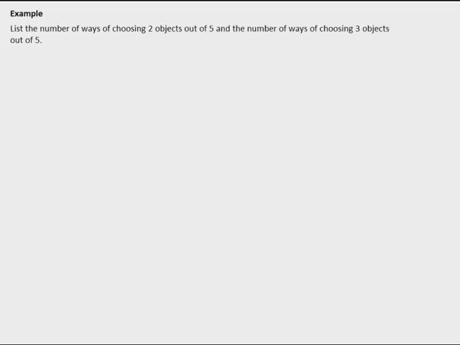So let's go back to that example. List the number of ways of choosing 2 objects out of 5 and the number of ways of choosing 3 objects out of 5. So I choose A and B, and corresponding to that, I choose C, D, E. So this is the 2 objects and this is the 3 objects being chosen.